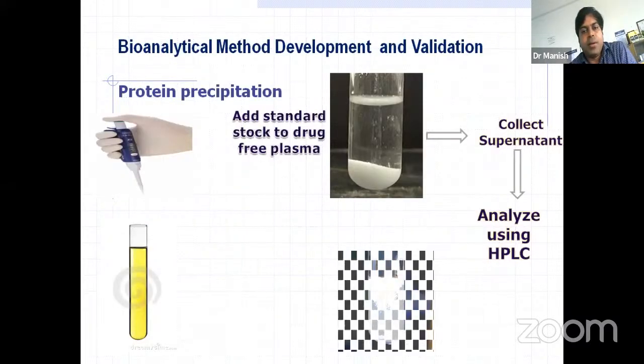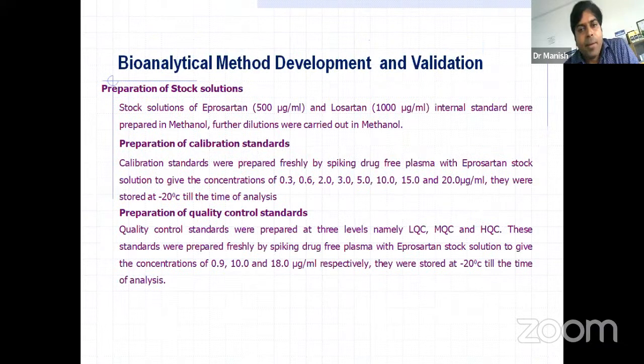Once the sample is free from interference, it is ready for your method development. So for your convenience, today I am going to explain the bioanalytical method with my work, that is bioanalytical method development and validation of eprosartan.